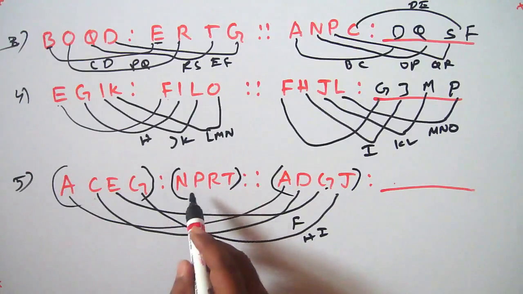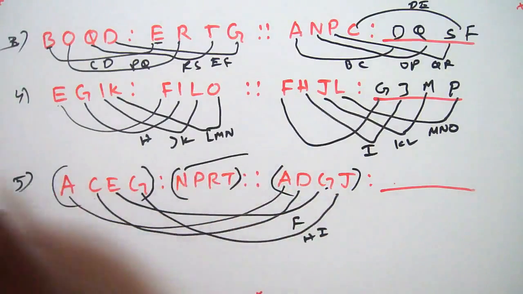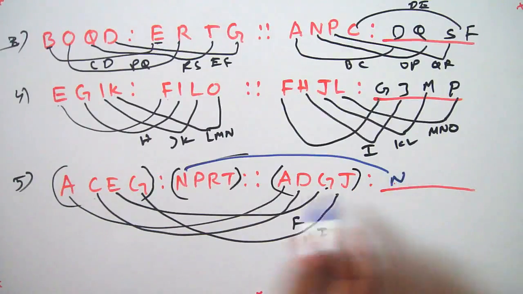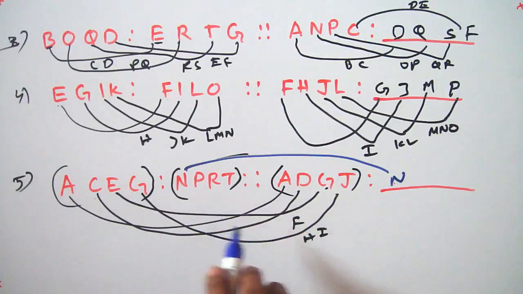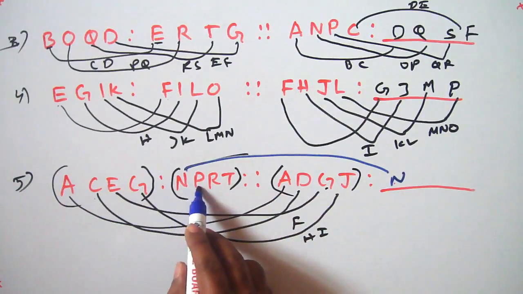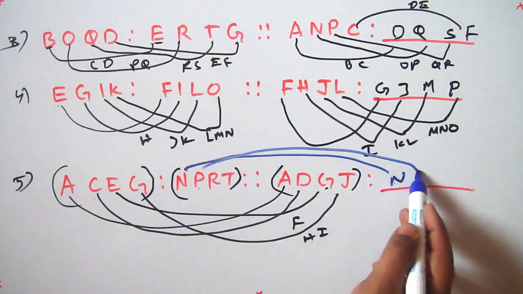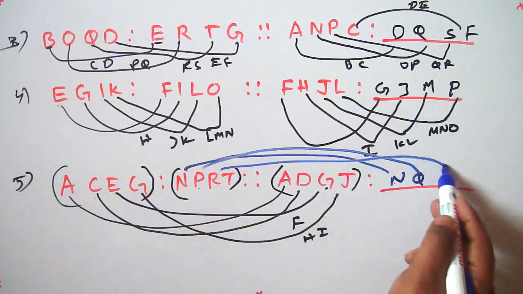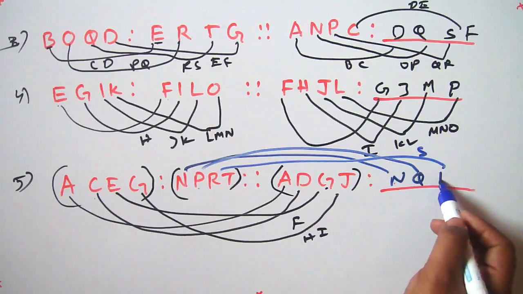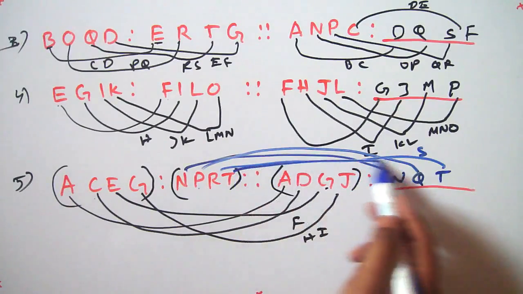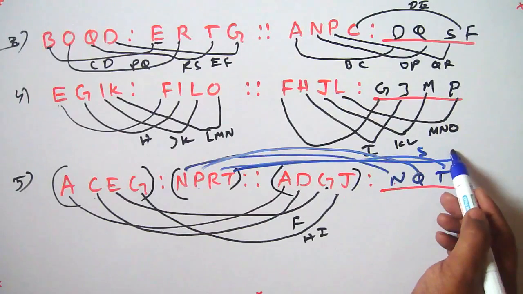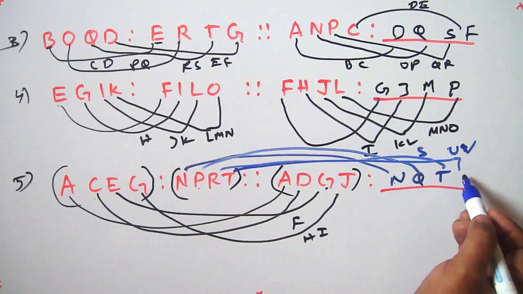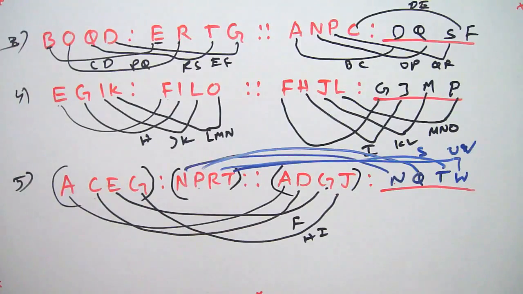In the same way, I will write from N, I will write N as it is, because A is written as it is here. And for P, I will write the next letter, Q. For R, S I will leave, and I will write T. For T, I will leave U, V, and W I will write, friends.